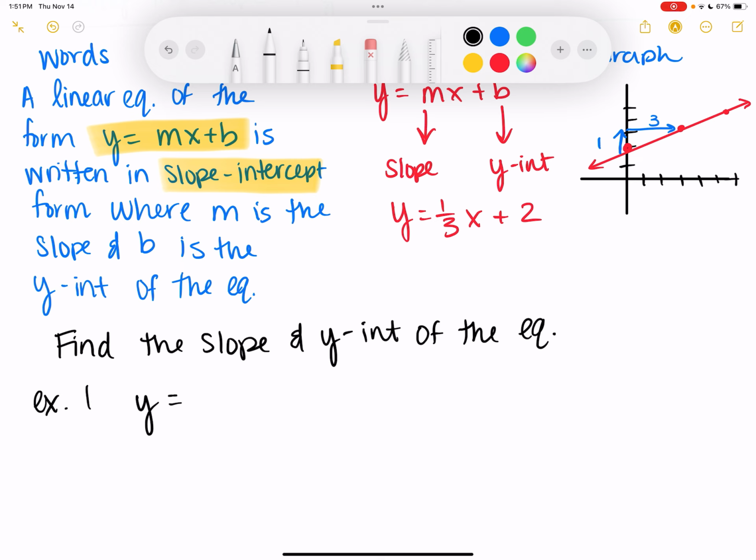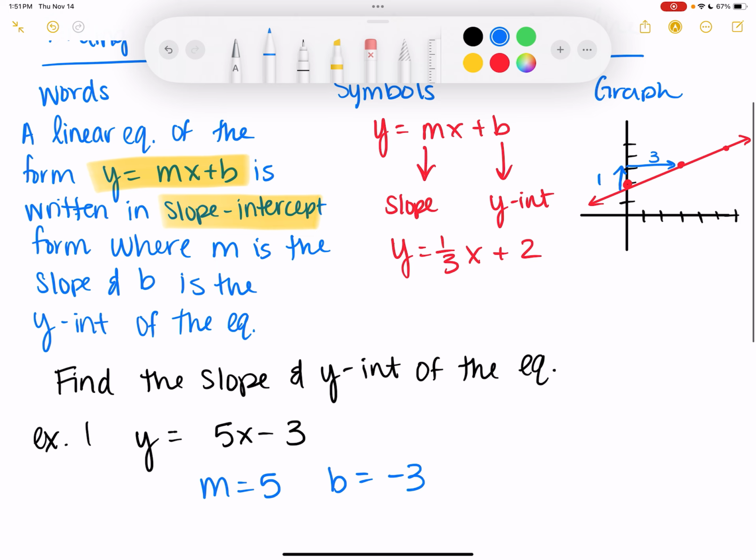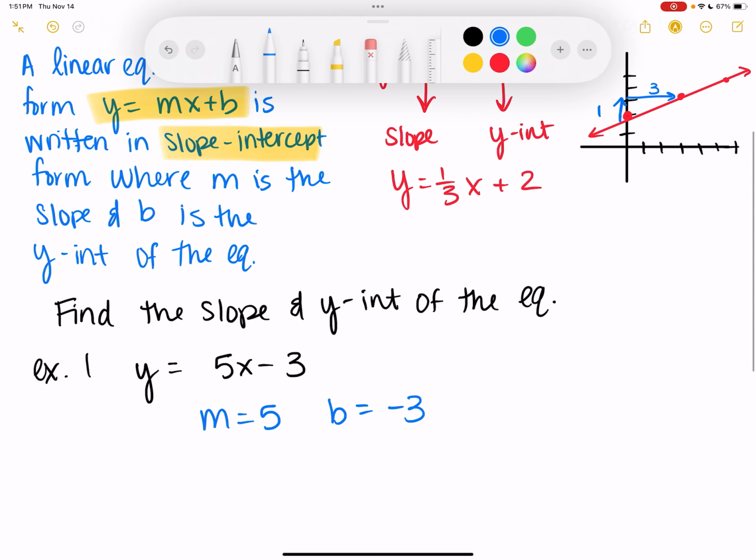Y equals 5x minus 3. This one is in the form y equals mx plus b. So m is my slope. So 5 is the slope, so m equals 5. And the y-intercept, which is b, is negative 3. So whatever sign is on that is what the intercept is, so negative 3. So that would be my slope and y-intercept of my equation.